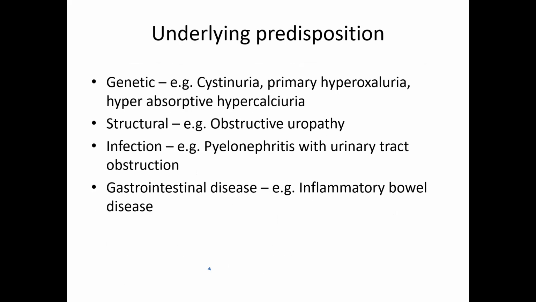So here I only focus on the non-modifiable risk factors like genetic risk factors, cystinuria, primary hyperoxaluria, hyperabsorptive hypercalciuria, and some structural abnormalities, and recurrent infection associated with pyelonephritis and urinary tract obstruction, and also gastrointestinal disease, especially inflammatory bowel disease like Crohn's and ulcerative colitis, and also patients who have had gastrointestinal surgery.